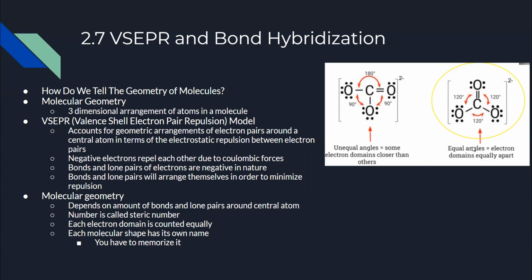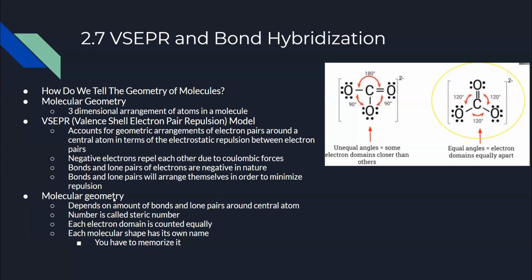You can see this over here with the carbon ion. As the angles are unequal, the electron domains are closer to each other in some cases than in others. So with VSEPR, the bond angles are 120 degrees instead of 90 and 180, so all the electron domains are equally apart.